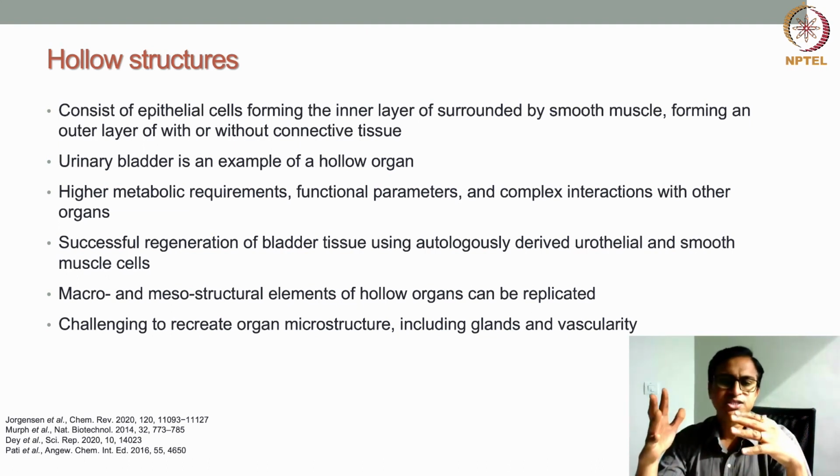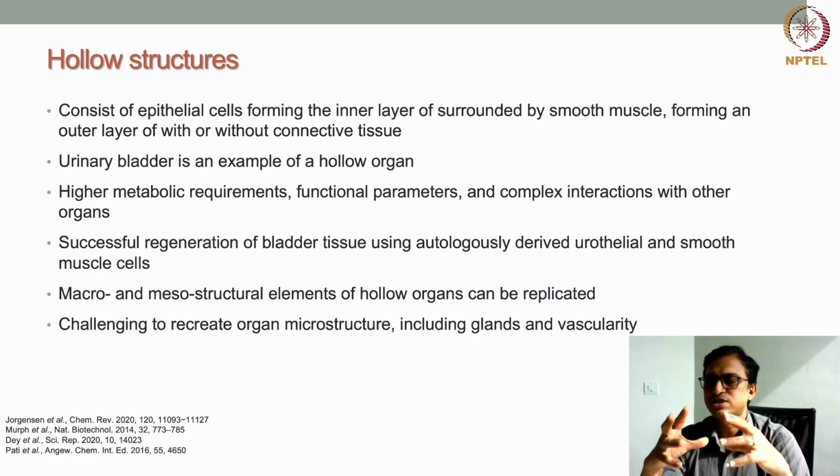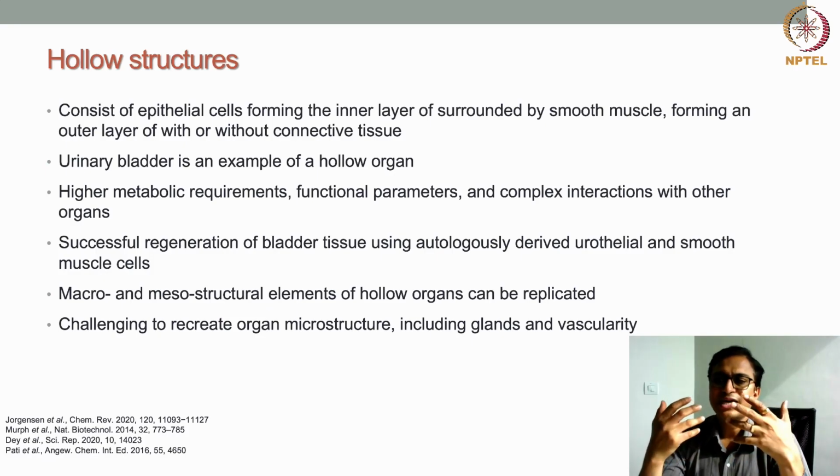Because of all these things, fabricating this kind of hollow structure organ is challenging, and a greater amount of study is needed. You have to devise a very good strategy to work on this kind of hollow structure.